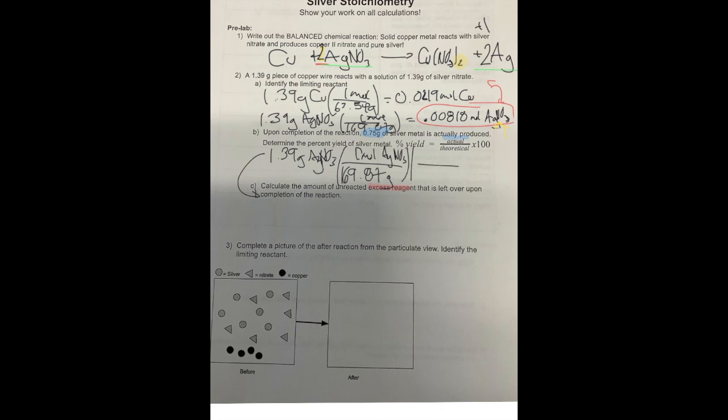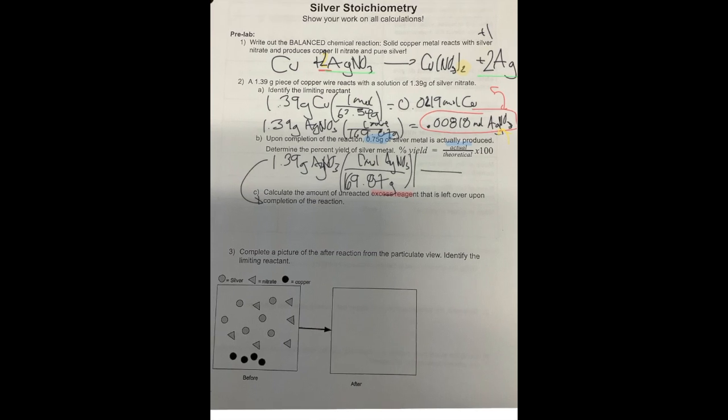Okay, for every 2 moles of AgNO3, it will need 1 mole of copper. And then every 1 mole of copper has a mass of 63.55.